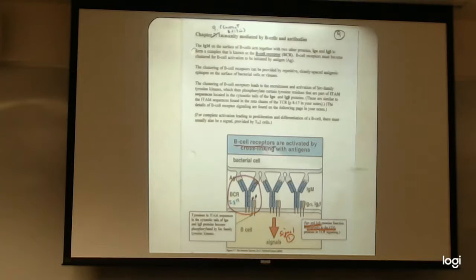And we had talked then about some of the details of the signal transduction pathways that are initiated in T cells when the T cell receptor encounters its cognate antigen. And so we're going to begin now with more details of B cell signal transduction when a mature naive B cell with IgM all over its surface encounters its cognate antigen.